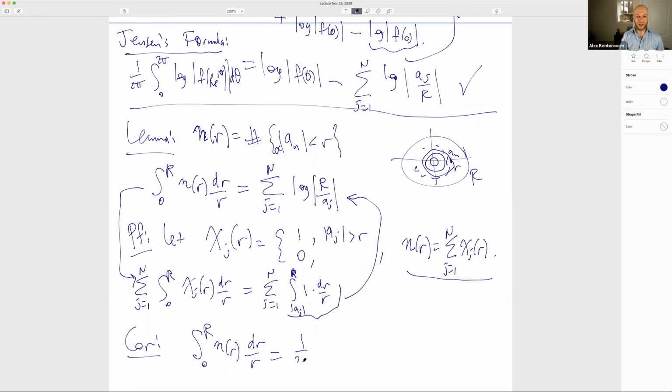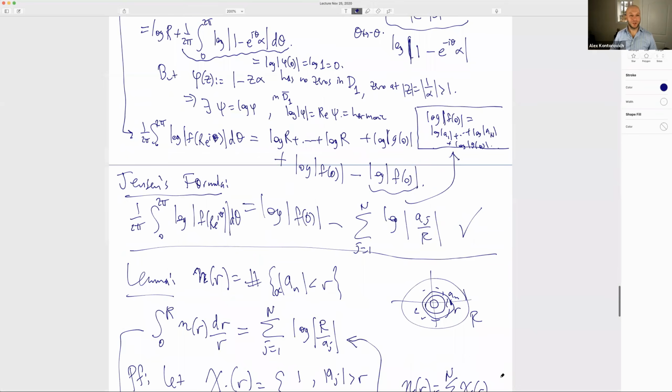So it's the average value of log absolute value of f on this ball, d theta, minus the value at the origin, minus log f of 0. Do you buy that?